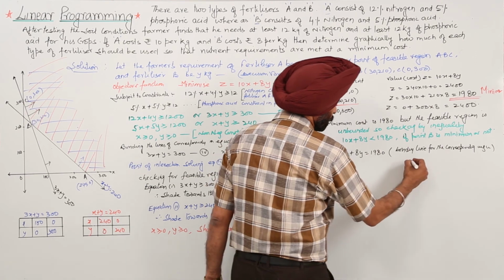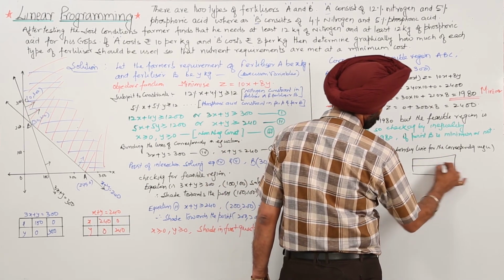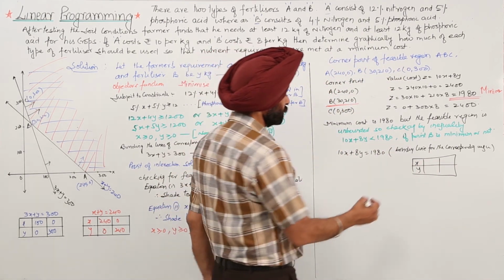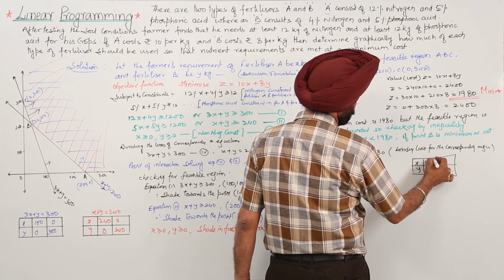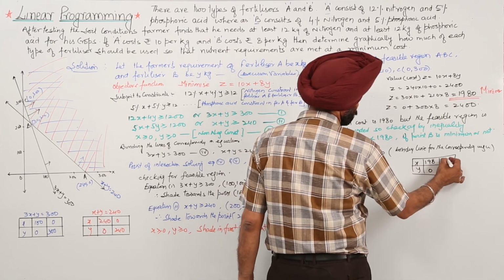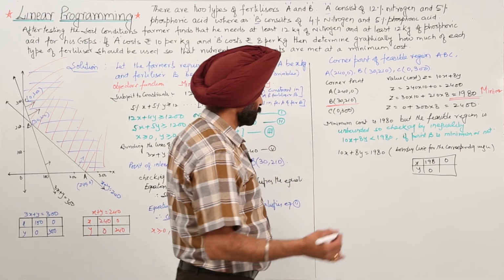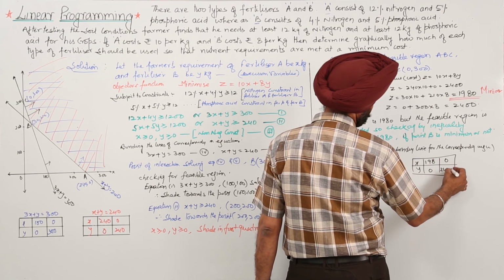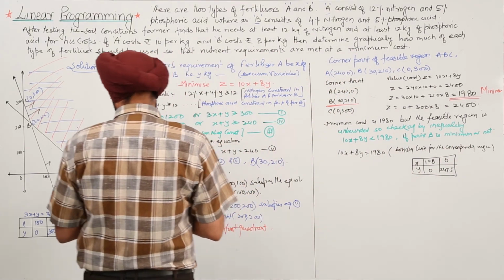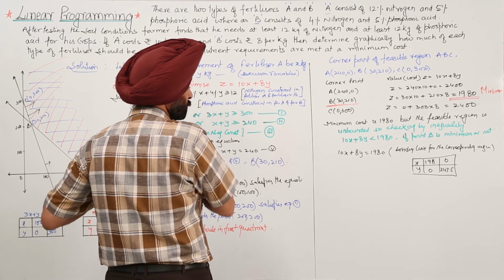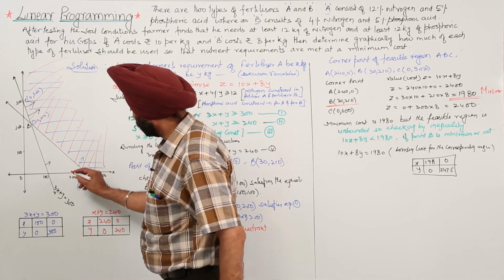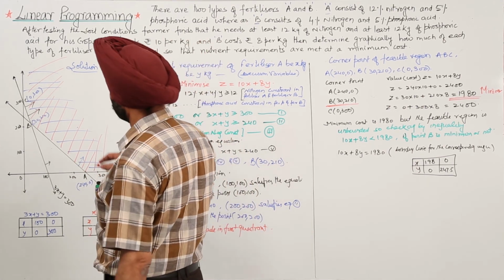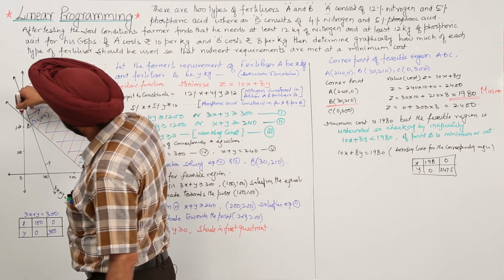Now if we are putting y is 0, x is 198, and if we are putting x as 0, then y will be not approximately, 247.5. Now let's plot these points. We are having 198, 0, approximately here, and 0, 247.5 approximately here.